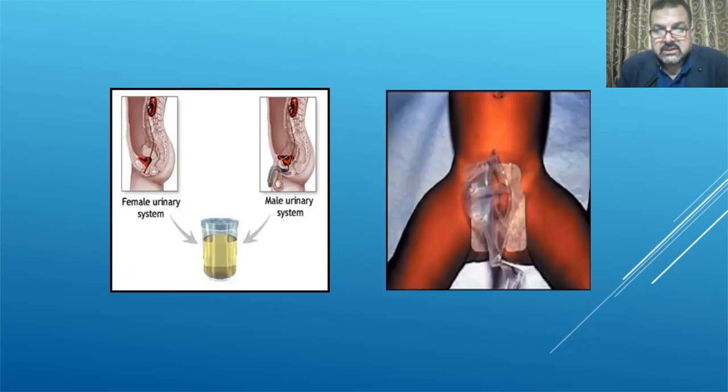Clean catch urine, midstream urine, is usually what we request whenever we are dealing with a urology patient. As you can see in the slides, in pediatrics there are special bags that can be bought to collect the urine.